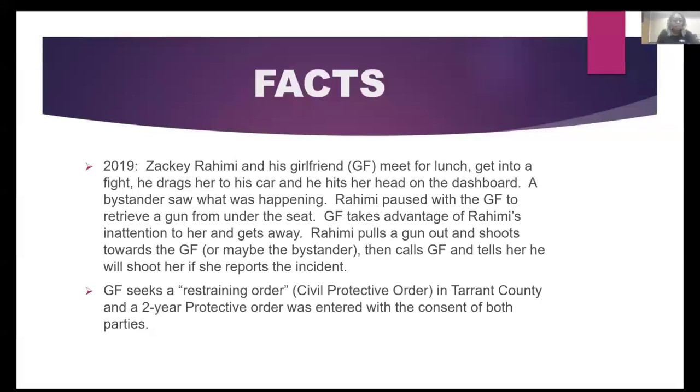While he was reaching into the glove box, he was distracted enough that the girlfriend fled the car. She runs, and while she's running in the direction of the bystander, Rahimi gets out of the car, pulls out a gun, and starts to shoot in the direction of either the girlfriend or the bystander. It is not clear to this day.